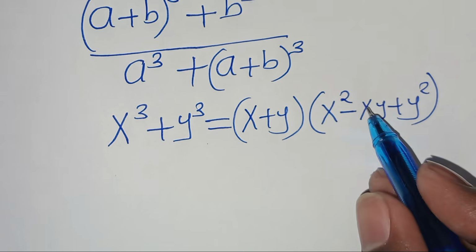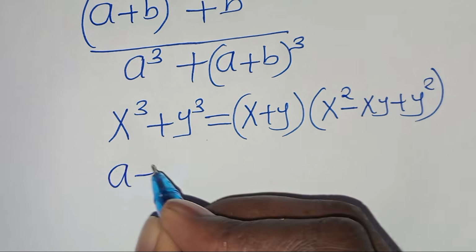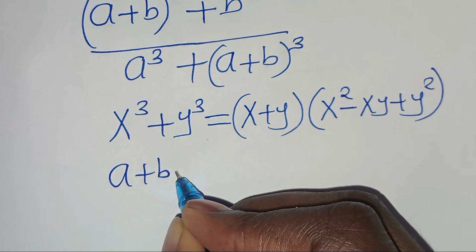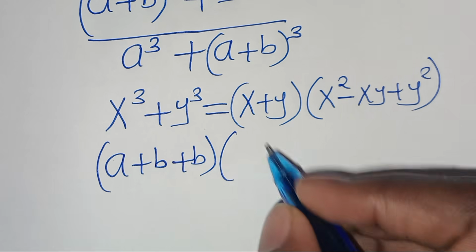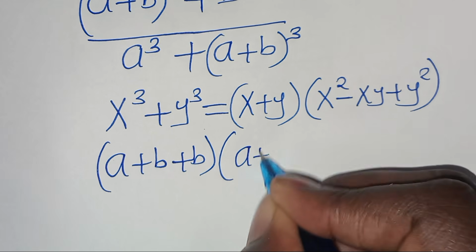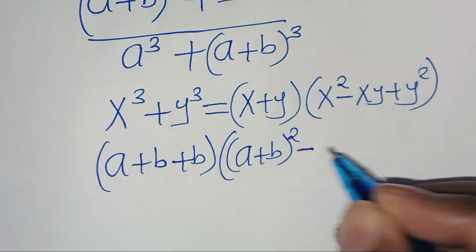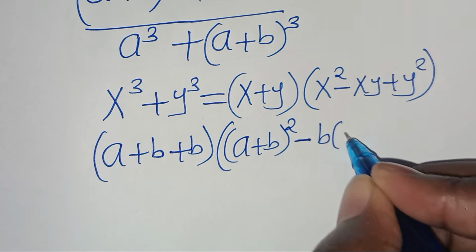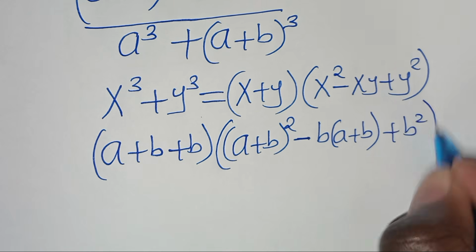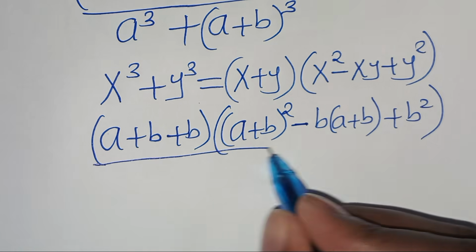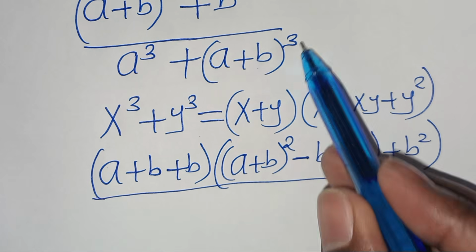Applying this identity, in the numerator we have (a plus b plus b), times (a plus b) to the power of 2, then subtract b times (a plus b), then plus b to the power of 2. Everything here is divided by a to the power of 3 plus (a plus b) to the power of 3.